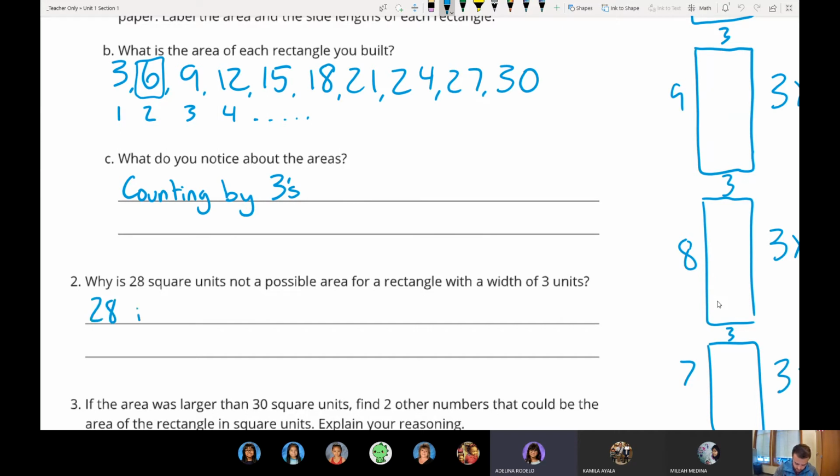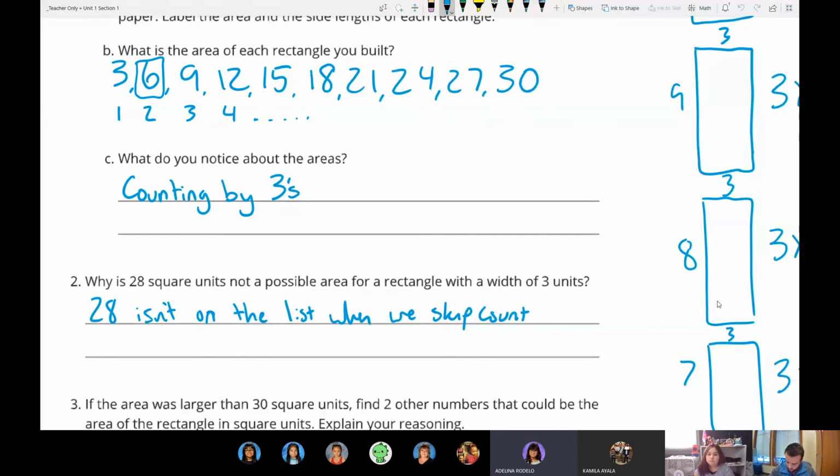So 28 isn't on the list when we skip count by 3. All right. So if we were to write this with multiple in our sentence, is 28 a multiple or not a multiple of 3?